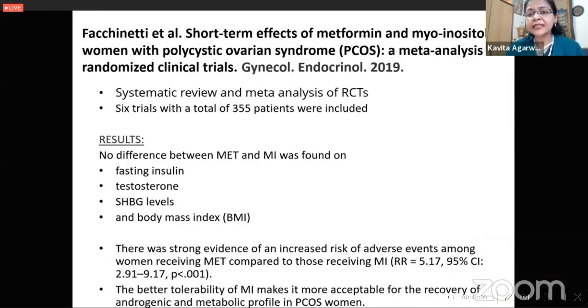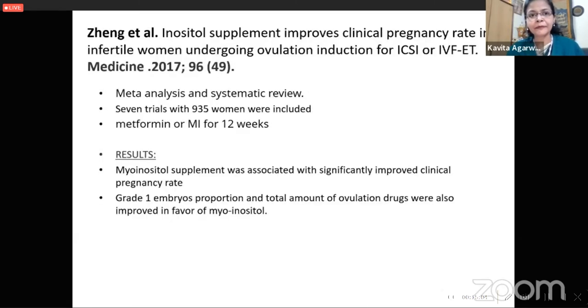Now, this is a recent trial in 2019, a systematic review and meta-analysis with a total of 355 patients. Here again, they did not find much difference in the efficacy of metformin and myo-inositol, but they found myo-inositol to be better tolerated as metformin was reported to cause much gastritis. So they found better acceptability of myo-inositol.